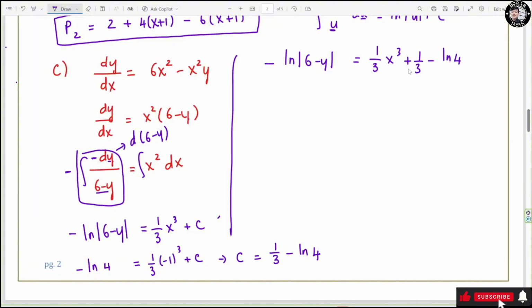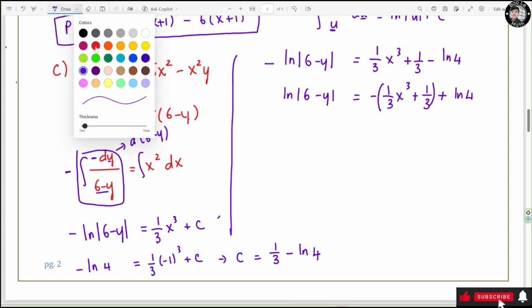Now I'm going to multiply both sides by negative 1. So ln of absolute value of 6 minus y equals negative 1/3 x cubed minus 1/3 plus ln 4, right? Now on the right hand side right here, I just combine the first two terms right here. I factor negative 1 out, right? So I have this guy plus this guy, like that, right? Now I'm going to exponentiate both sides, right?